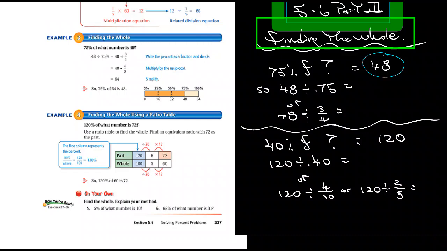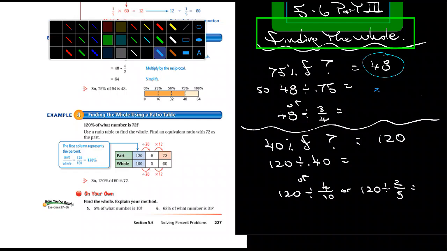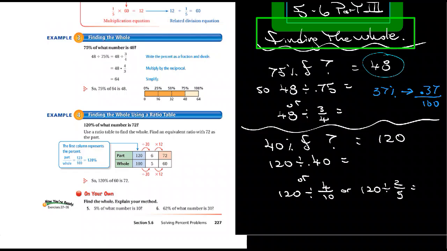Now, if it was something kind of odd, like if I said 37%, what's that as a decimal? Well, you just move the decimal 2 places over, it's 0.37, and from there you could put it over 100 and reduce it to turn that into a fraction.